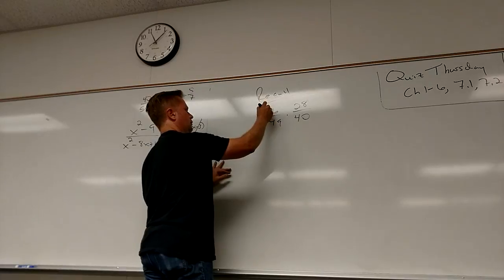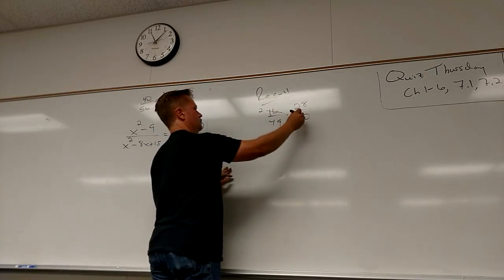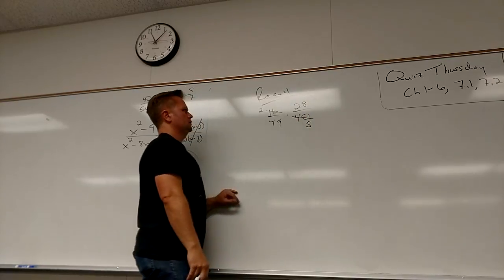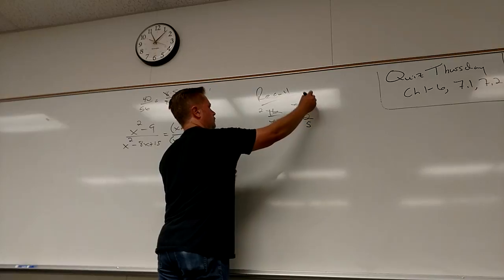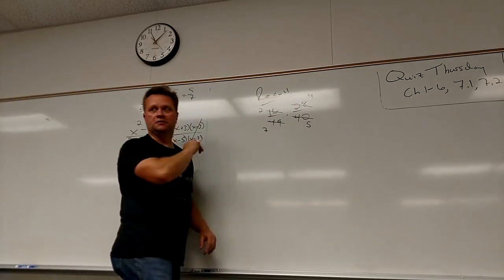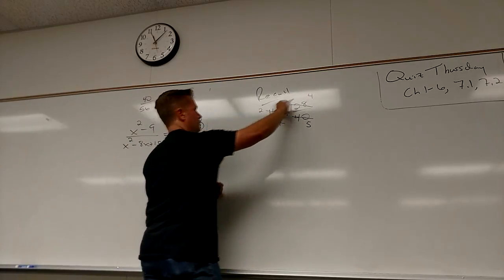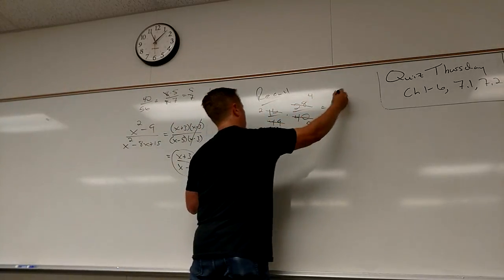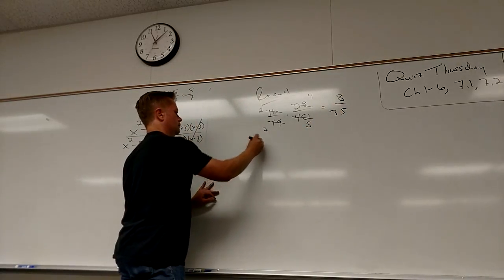All right, so what goes into both of those? 4. 8, oh yeah, you're right. 2, 5. Anything else you see? 7. Good. This is 7 times 4. So if 7 goes in that 4 times, 7 goes in that. 7. Anything else? Hell no. You multiply now. So now you get 8 over 35.